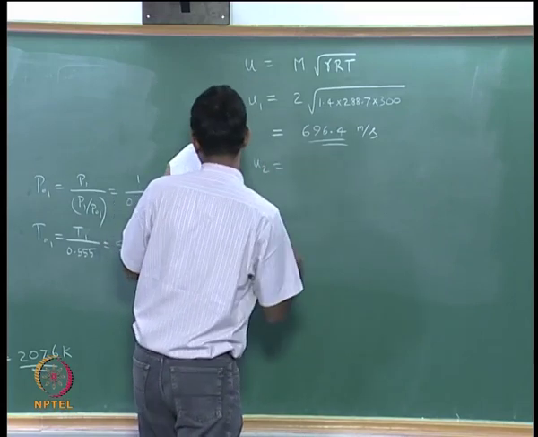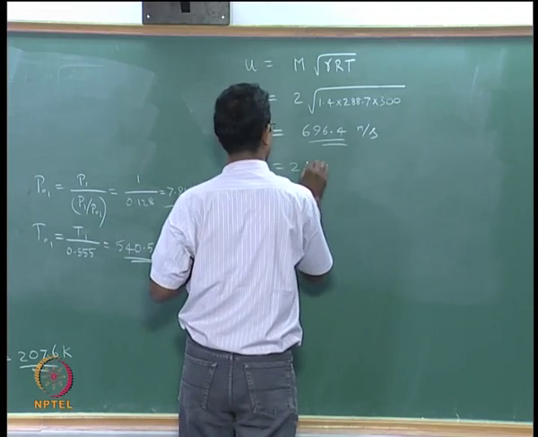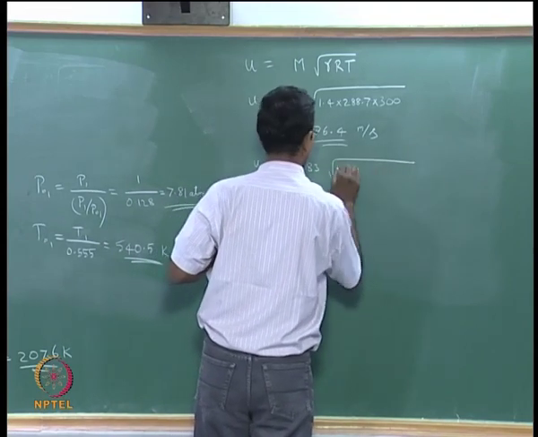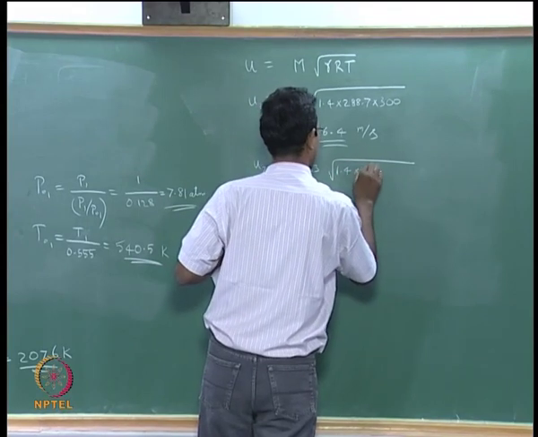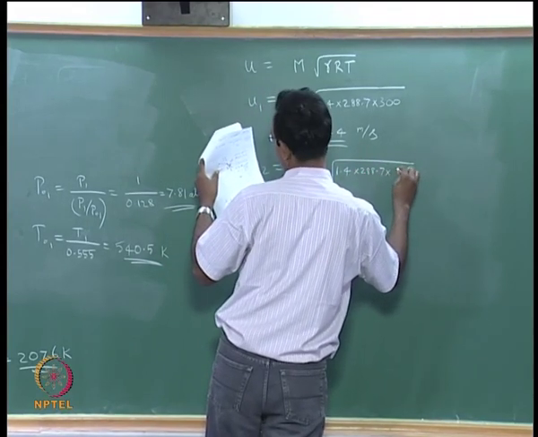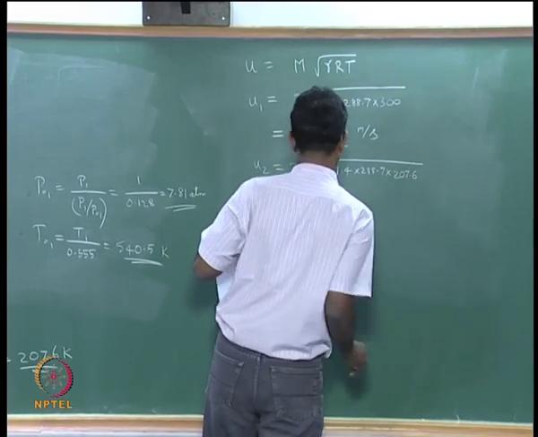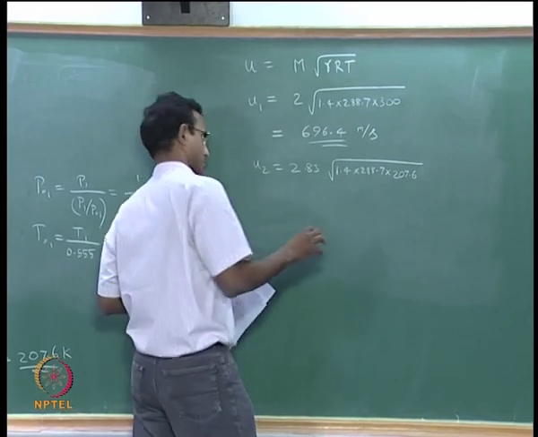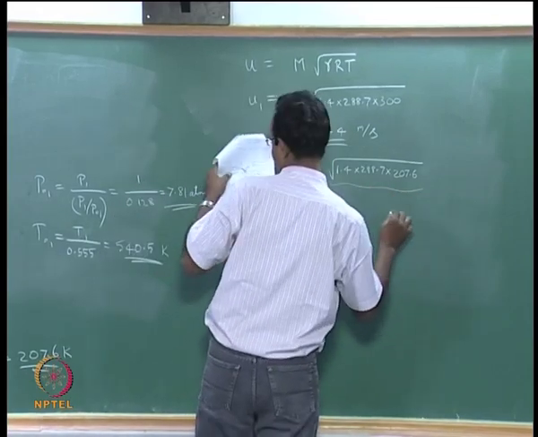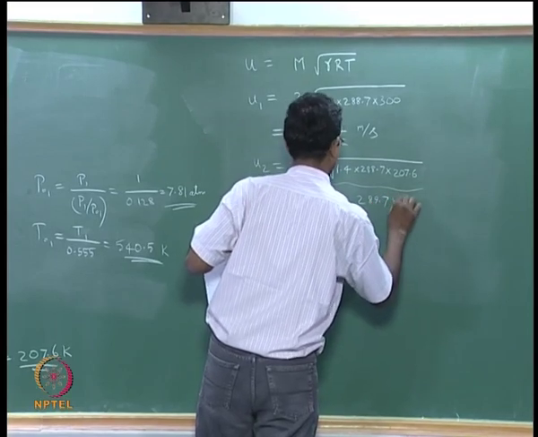U2: we found that the Mach number was 2.83, so 2.83 into square root of 1.4 into 288.7 into temperature, which we found was 207.6. If I find this number, it is 289.7 meter per second.